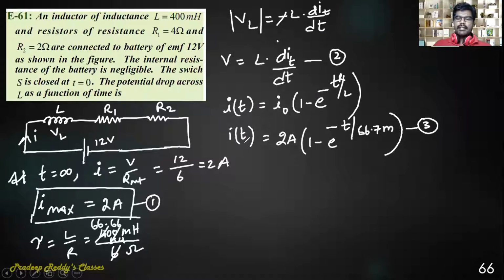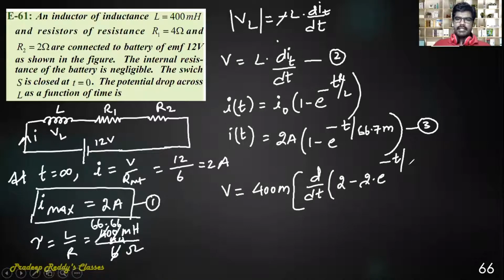So after calculating I of t, in order to find out the voltage drop across this at some instant of time t, I'll now write it as V is equal to L value, it is 400 millihenry into d by dt of 2 ampere minus 2 into e power minus t divided by 66.7 milli.